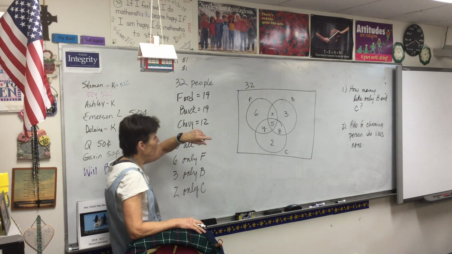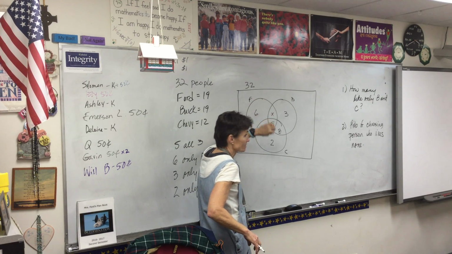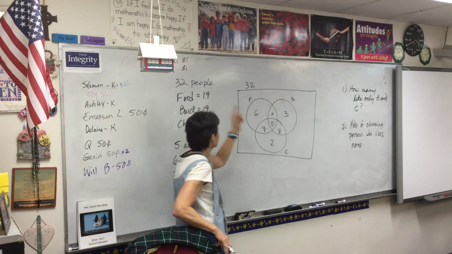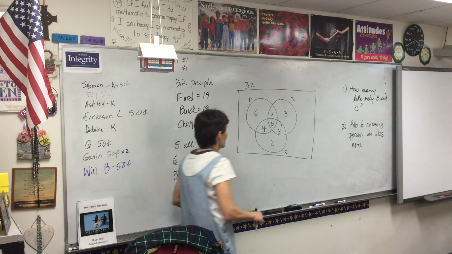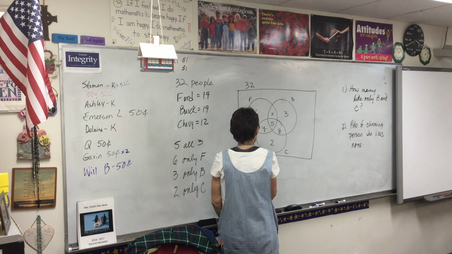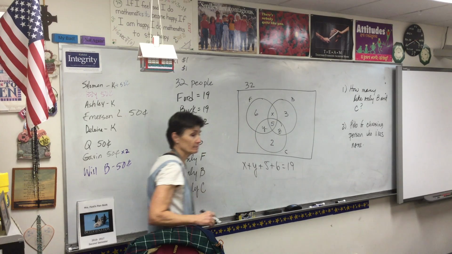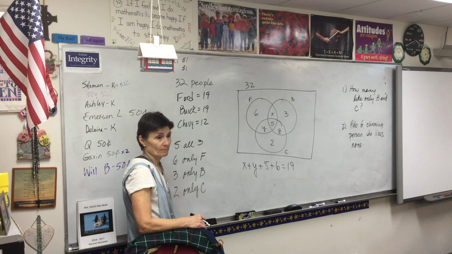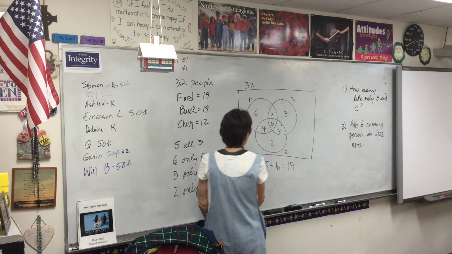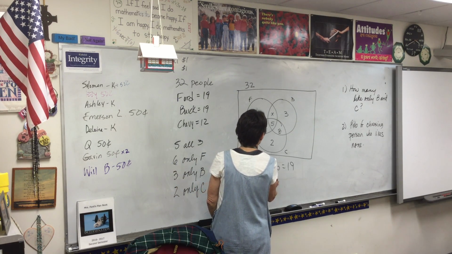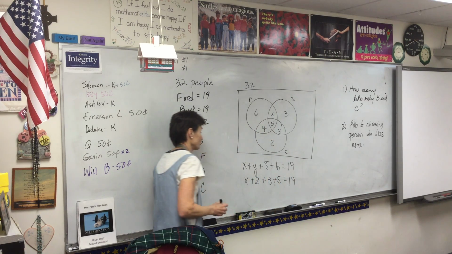Because we know that the whole F ball, and the F ball has 4 sections, all 4 sections have to add up to 19. So X plus Y plus 5 plus 6 has to add up to 19. And then similarly for the Buick ball, X plus Z plus 3 plus 5 has to also add up to 19.